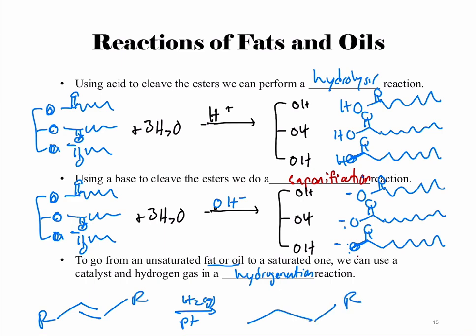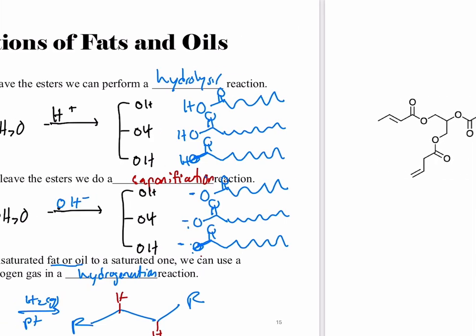This will get rid of the double bond, and in its place, it'll put two new hydrogens, right? So saturated fatty acids were one where there's no double bonds, only hydrogens in place. And so we can do a hydrogenation reaction of fats and oils to then make them saturated fatty acids, right? And so this can make a liquid into a solid by doing this because we're maximizing the intermolecular forces now.